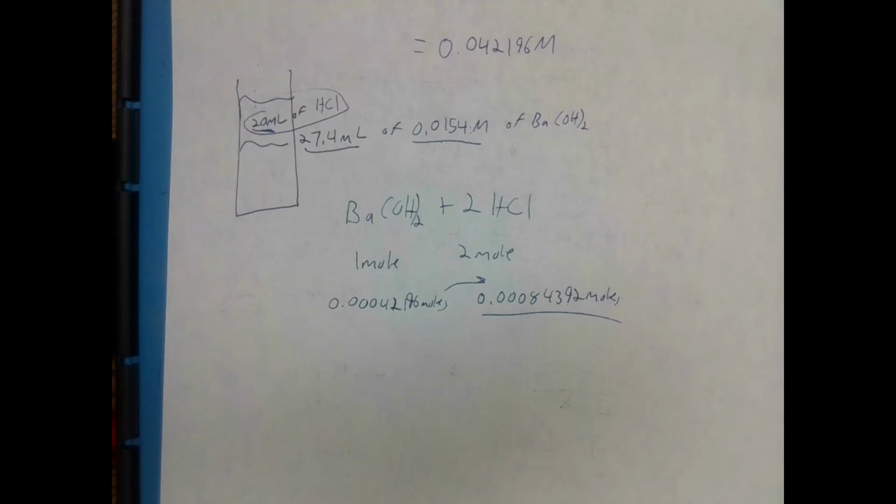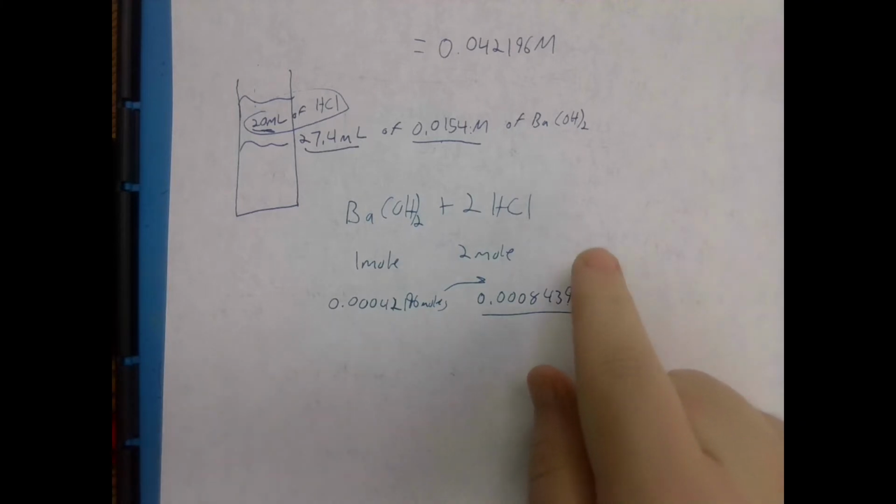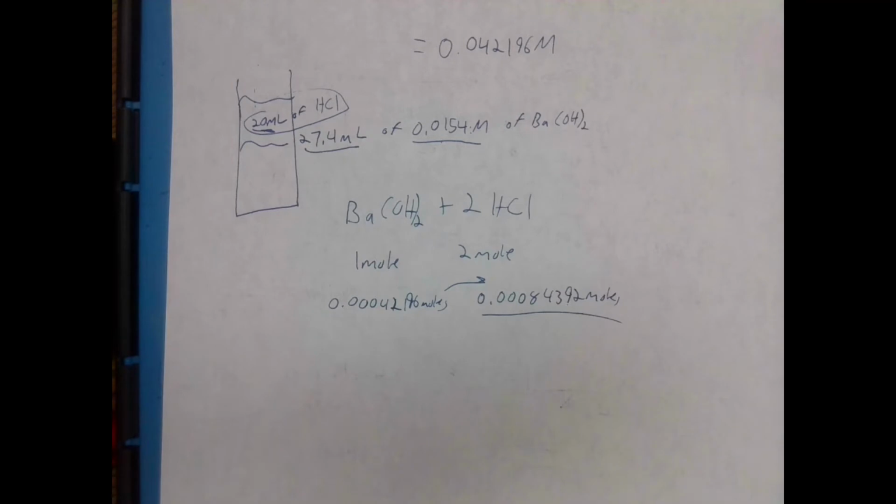So how do we magically know when it's neutralized? If you just mix them together, HCl is a clear liquid. Barium hydroxide is a clear liquid. It does produce barium chloride, which is a white powder that would fall to the bottom.